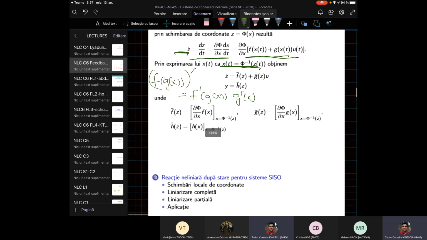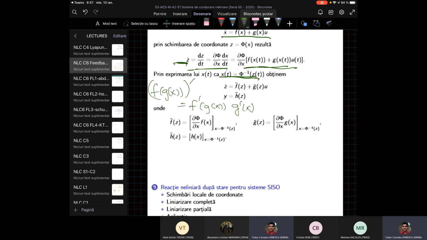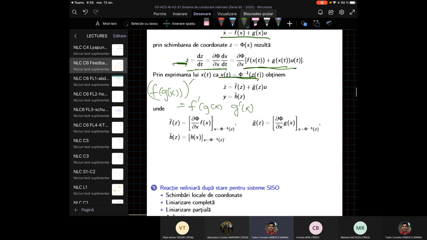And substituting x with phi inverse leads to this equation. So this is the new system. It's the same system actually. This is the system written in the new coordinates z.